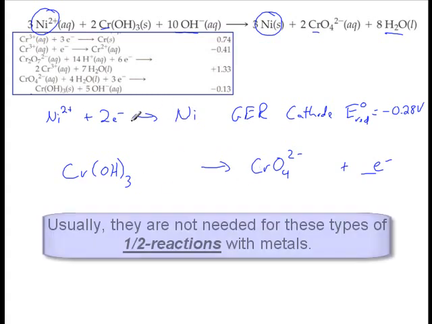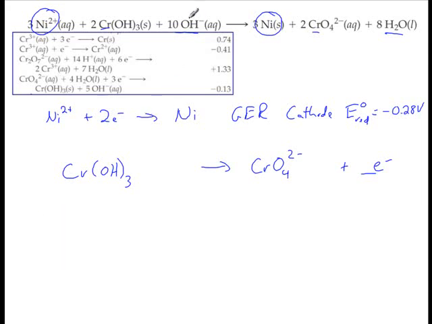Usually when you're looking at a simple electron gain or loss from a metal, you don't need protons or waters or hydroxides. Remember, when you have to balance out oxygens and hydrogens in a redox equation is when you start throwing in hydroxides and water, and you see oxygens and hydrogens in the two chromium species here.